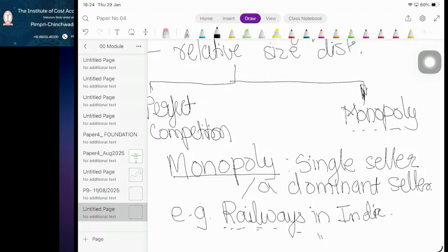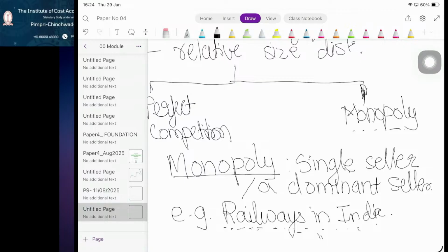Correct. So that is a single seller market. Got it? Now, in India it is run only by government, but internationally there are private firms which run railways. So it is not necessarily a monopoly.